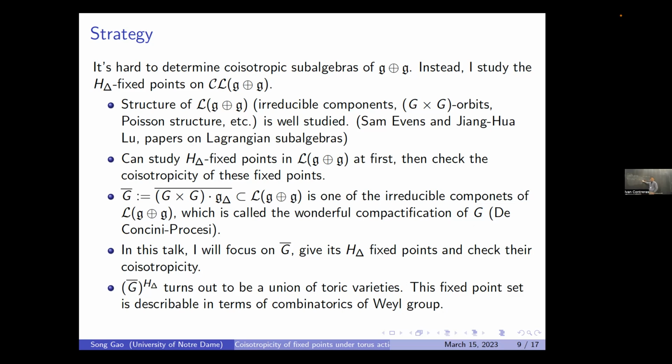This variety is already clear in a research paper by Sam Evans and Jiang-Hua Lu. Then inside this torus fixed point set, I can check their coisotropicity. That's my strategy.